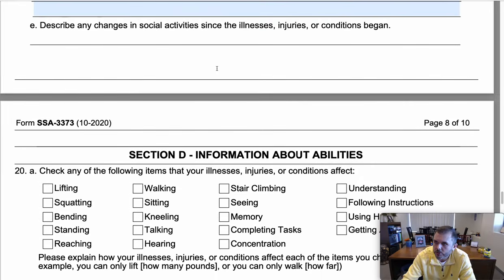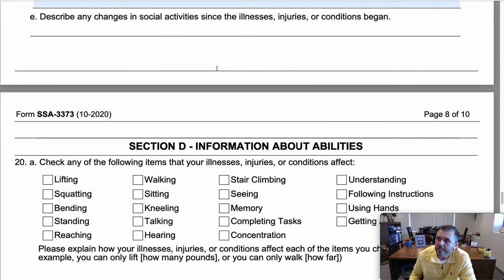Describe any changes in social activities since the illnesses, injuries, or conditions began. A lot of times I see responses like, I just don't go out as much as I used to. I can't stand to sit at my grandkids' ball games or activities. And this is where it's really powerful when you have a kid or a grandkid that plays a sport and you can't enjoy that like you used to.